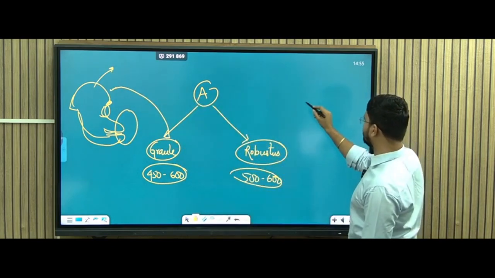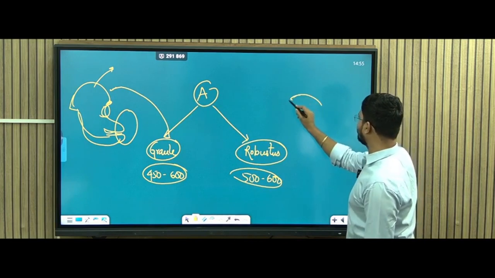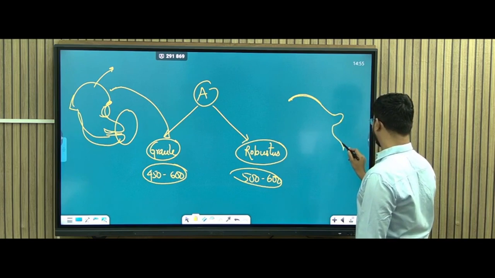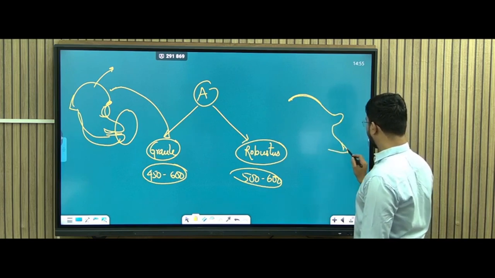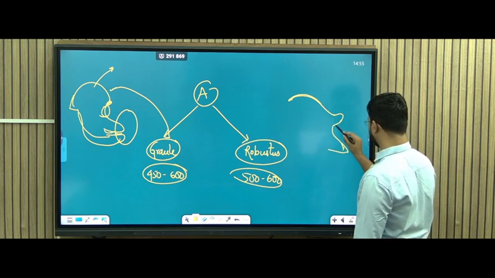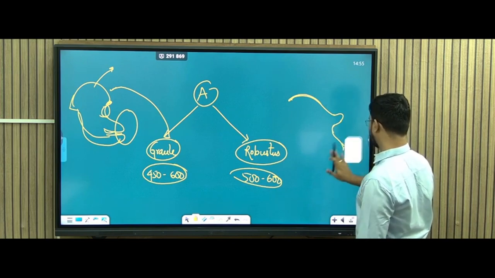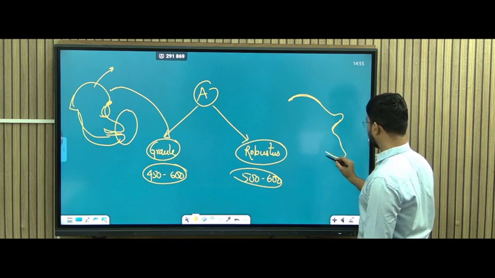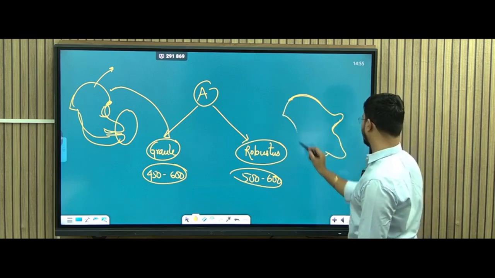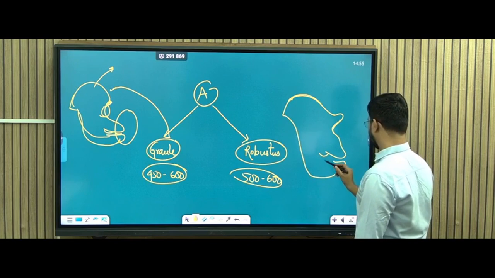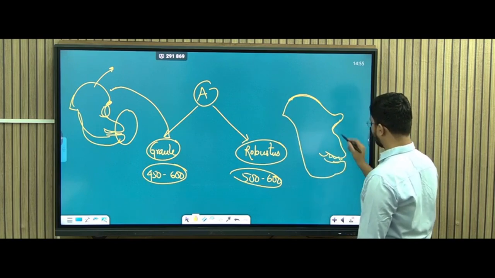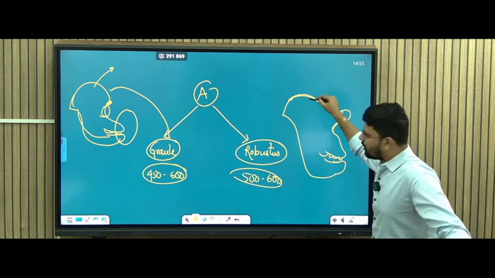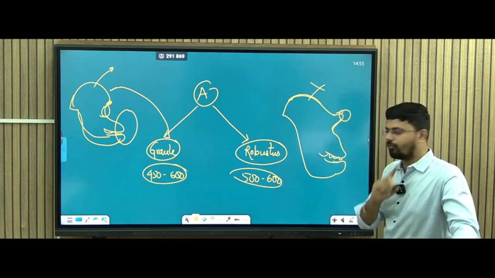And here what you notice is that it is more receding. It is not very prognathic. So more expressed brow ridges, it is not round. Okay, these are the features.